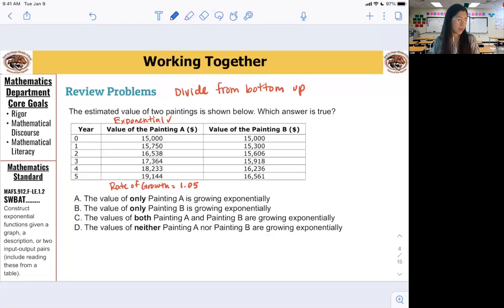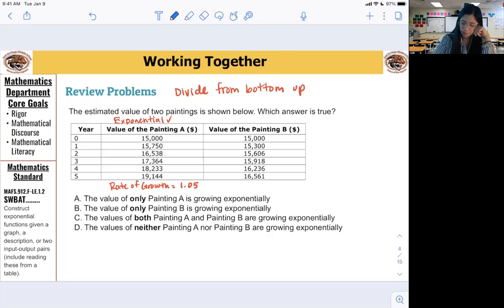Is painting B exponential, yes or no? Okay, good. I'm seeing some correct answers. Can I get 2 more responses in the chat? Is it exponential, yes or no? All right, there they are. Okay. So we're actually kind of split. I'm seeing some yeses and some nos. So let's take a look. Let's look at it together.